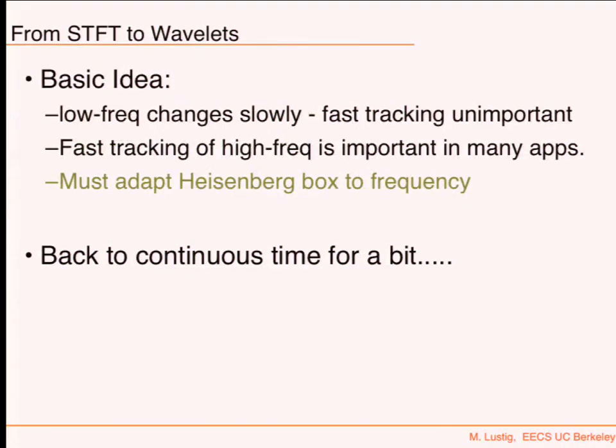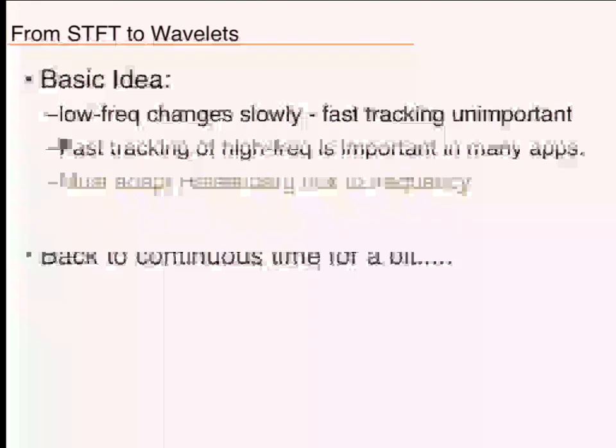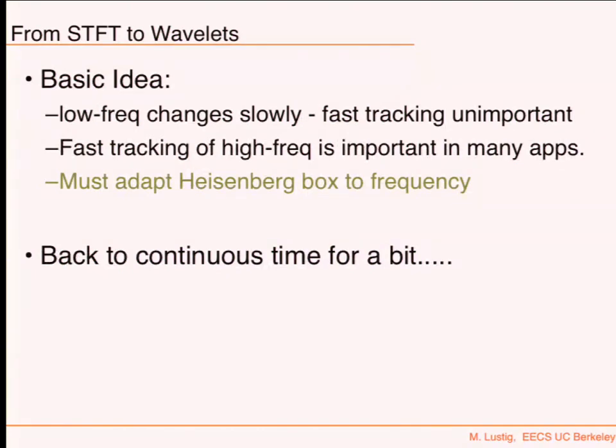Instead of having the same exact size, can we change them? This is what a wavelet decomposition attempts to do: break the time-frequency space into different shaped tiles. Again, the area is going to be the same, but they're going to have a different shape depending on where they are in time and frequency. So they represent the signal better.